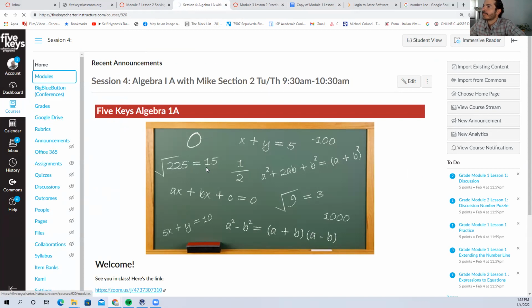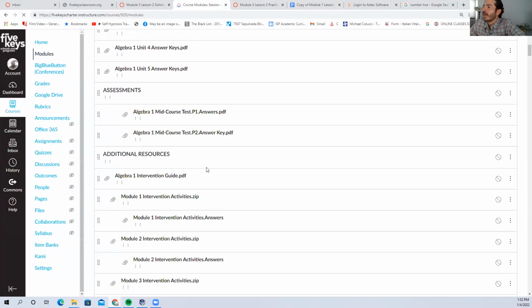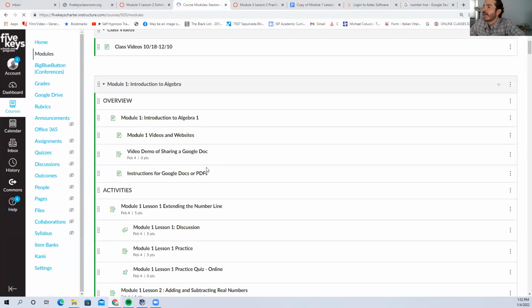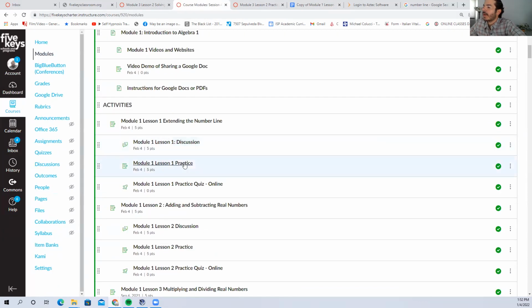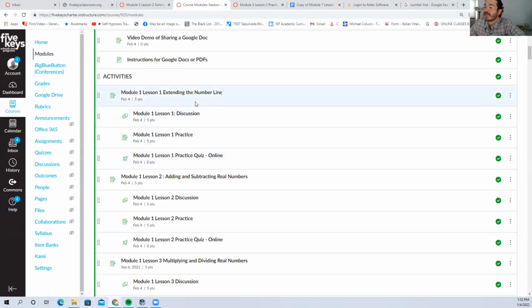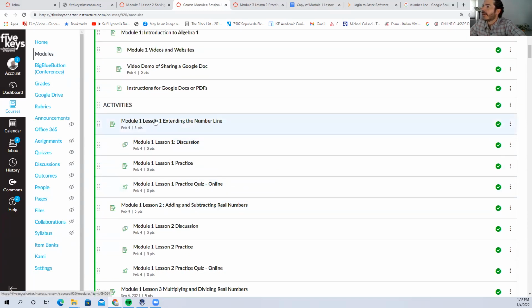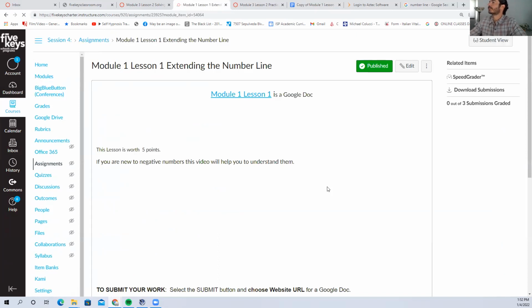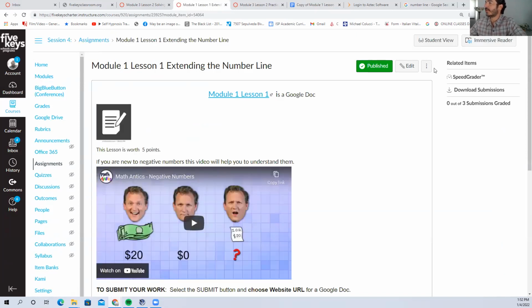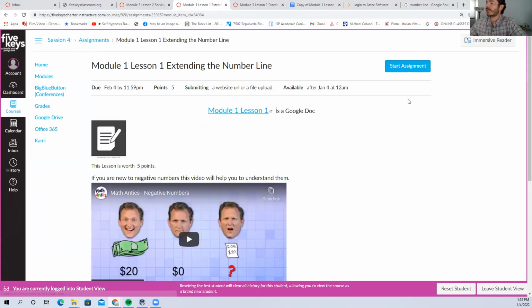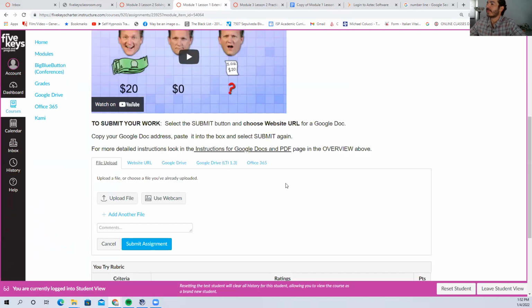Modules. And then we're going to take a look at these are our assignments. We just did module 1, lesson 1, extending the number line. Once you've done that assignment and finished it, this is what your page is going to look like. This is how you actually turn it in. You hit start assignment.